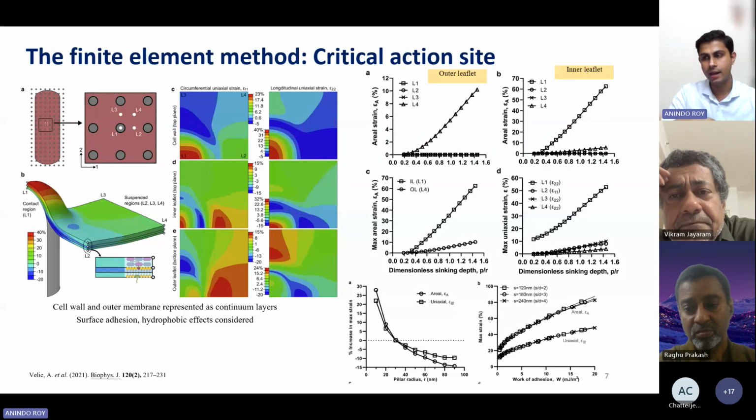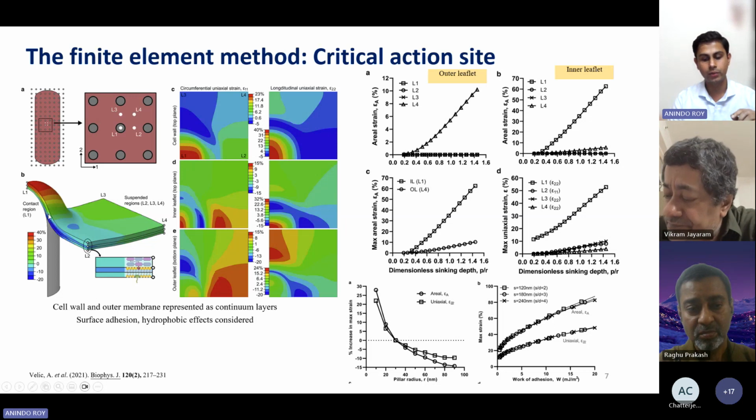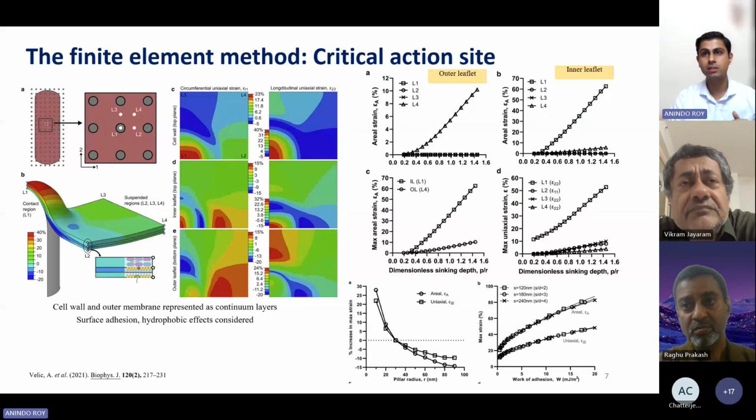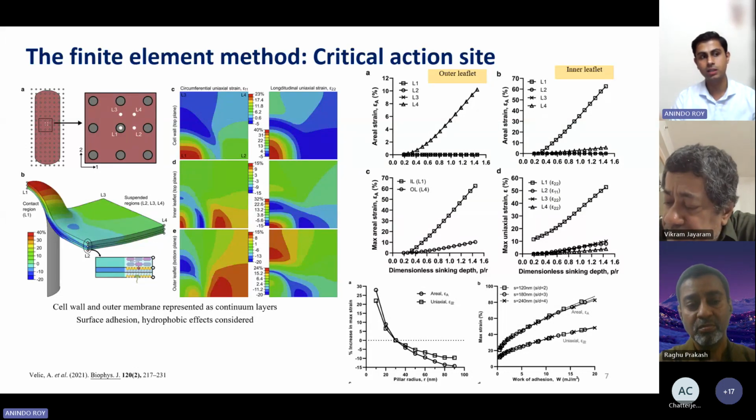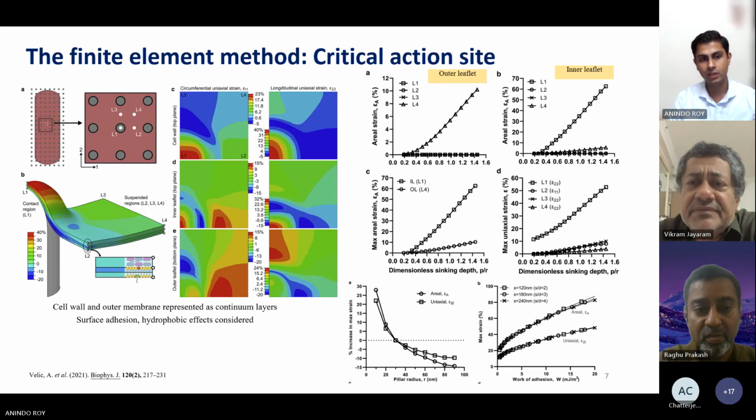And then once the points come in contact, we put friction conditions such that there is no slip. So it's essentially mimicking the adsorption process, but it's not actually the formation of bonds or surface forces that would actually occur in real life.